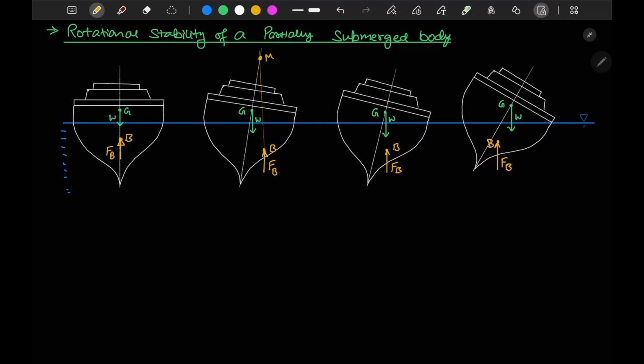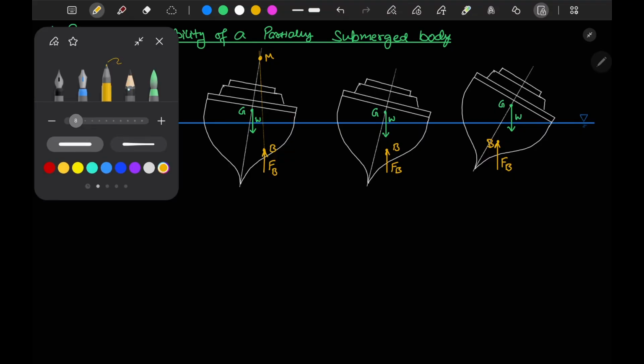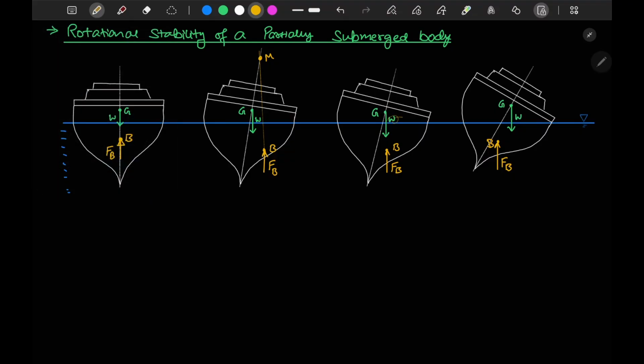Similarly, here also we will draw a line, and this will coincide with point G. Here also we extend the line, and let's say it intersects here.